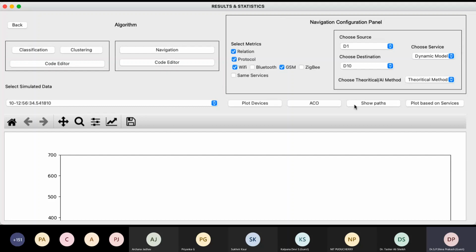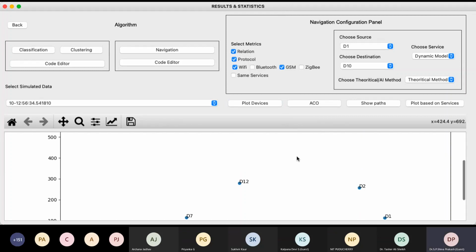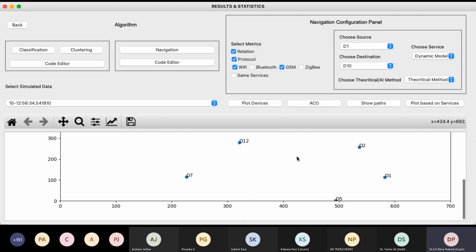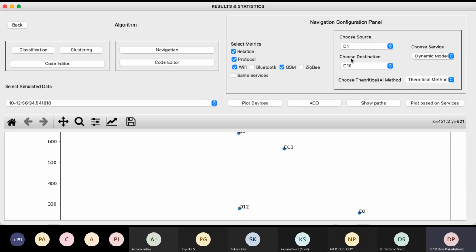Rather, let's show the path, a set of devices between D1 and D10 which are GSM and Wi-Fi enabled.